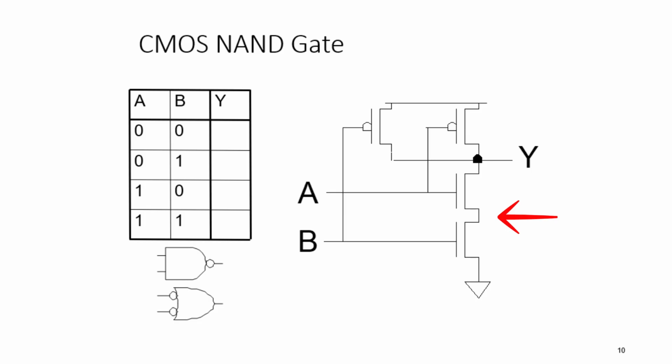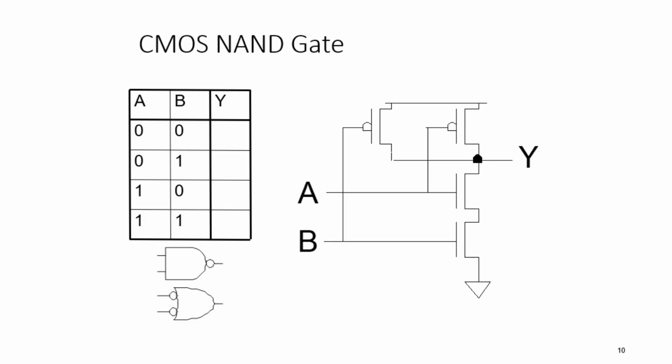Conversely, for parallel circuits, the current will flow even if only one of the transistors is turned on. So if either this transistor or this transistor is turned on, then the circuit will be connected to the supply and the output will be pulled high.